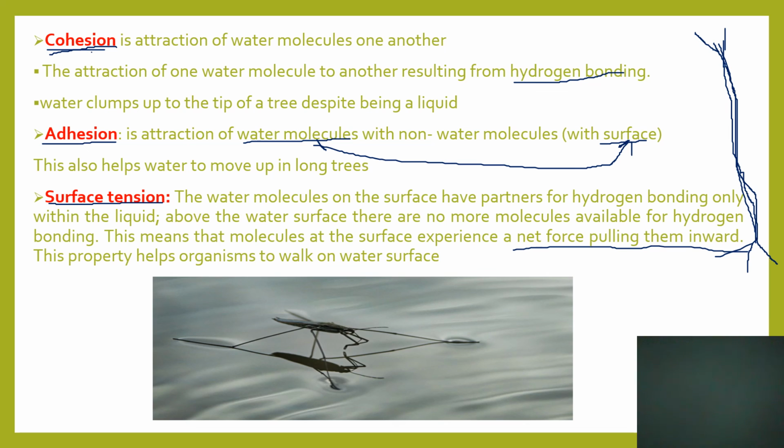Therefore, this property of water helps organisms to walk on the water surface and look for their prey, as well as lighter seeds can move on the water and disperse elsewhere. So these are different properties of water which are directly related to hydrogen bonding.